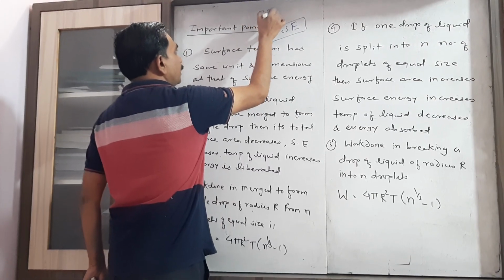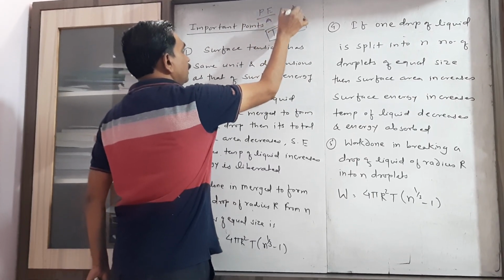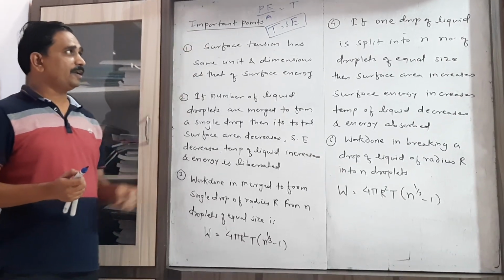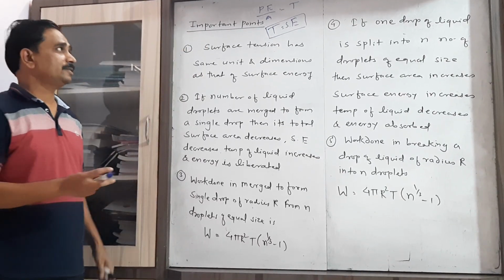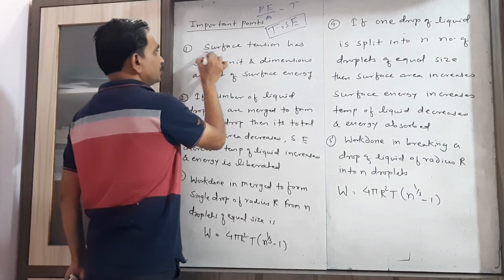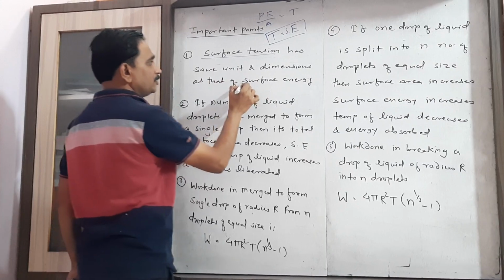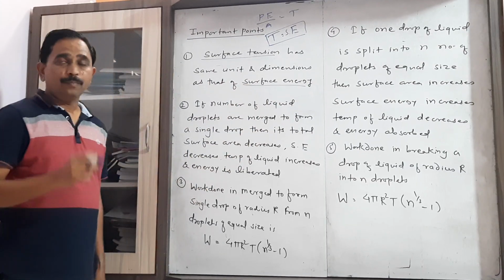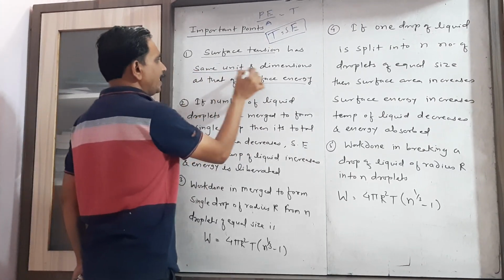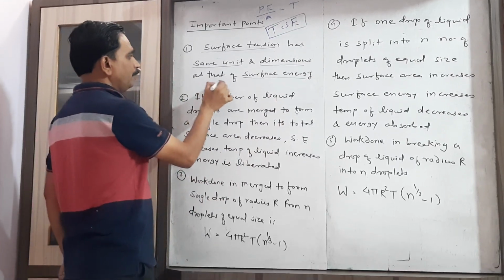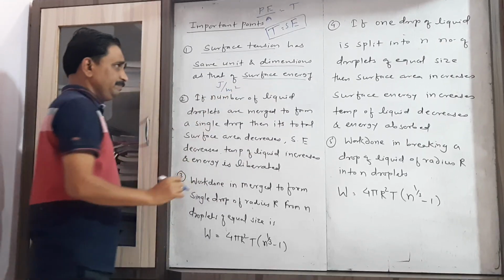In the earlier relation, we proved potential energy per unit area equal to surface tension. This potential energy per unit area is the surface energy. So I write here the first point: surface tension and surface energy both have the same unit and dimension, that is joule per meter square.